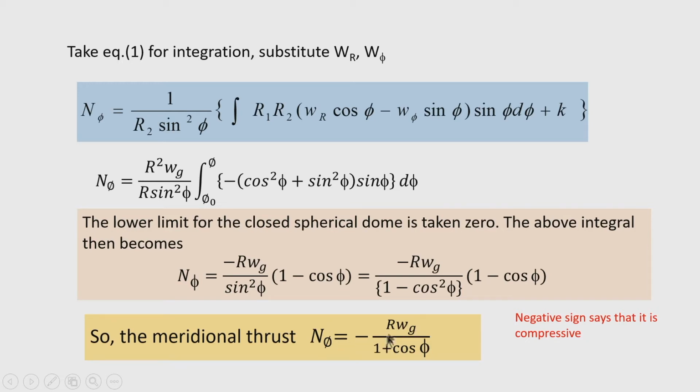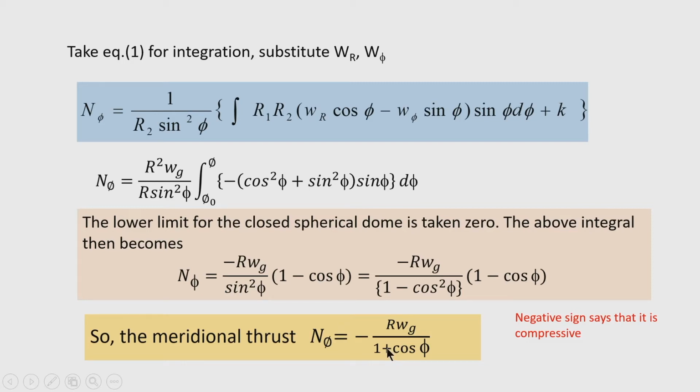Now, n phi is coming as negative. So, the negative sign here is the compressive force and the positive sign will denote the tensile force. So, we got n phi in terms of the radius of the sphere and w g, that is the intensity of the vertical load acting on the shell surface, and in terms of the meridional angle phi. So, you can see the nature of n phi is compressive.